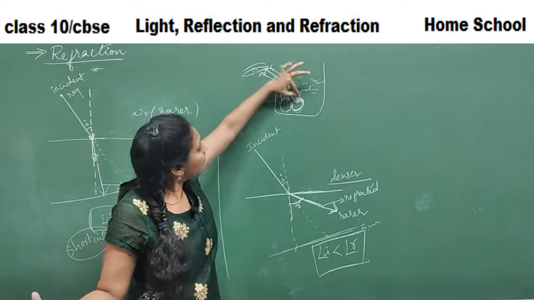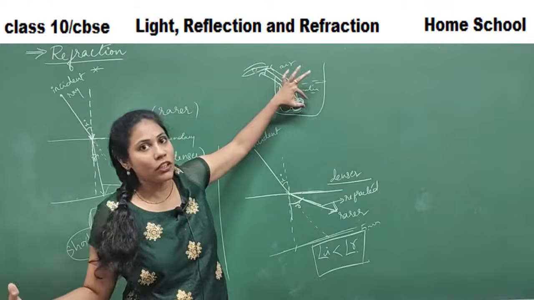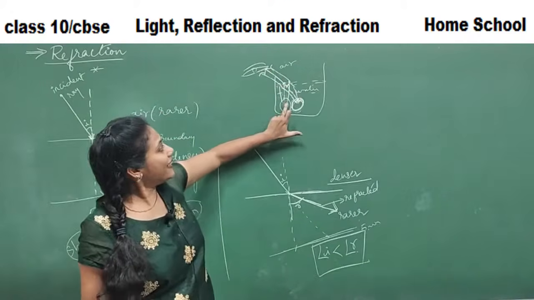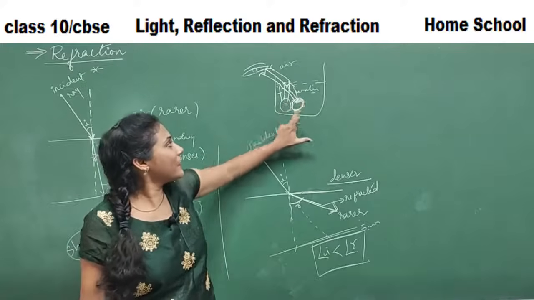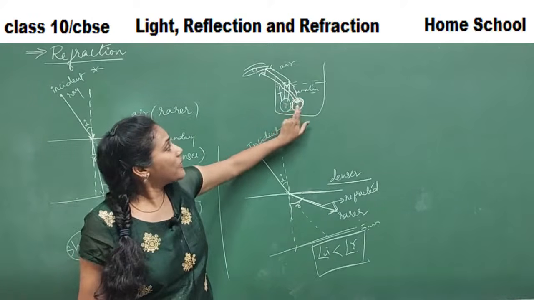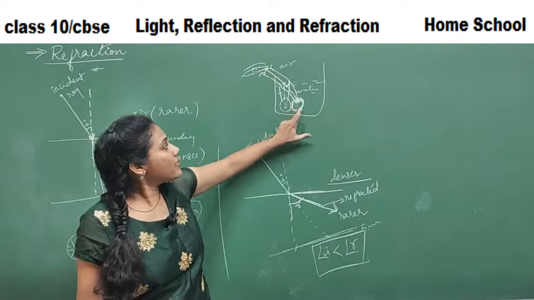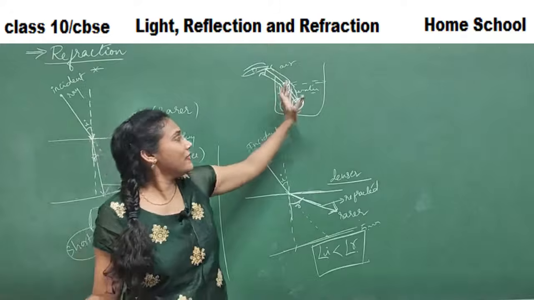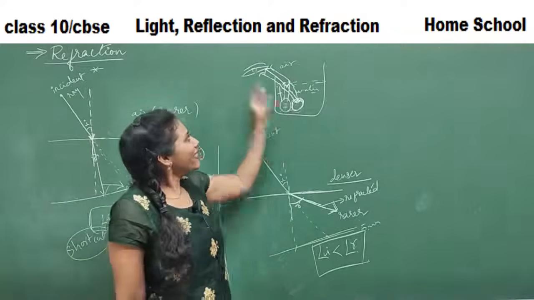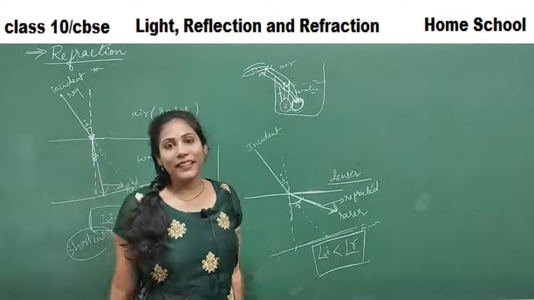These rays have to meet at a certain point. There you will observe the image of the object. So where are they meeting? They are not meeting at the exact position of the object. They are meeting somewhere here. So you will see your object here, but exactly your object is here. You are going to see the object in a slightly different position than the original one. That's how I could see the coin when water is poured in.